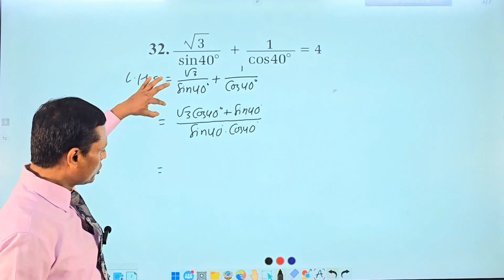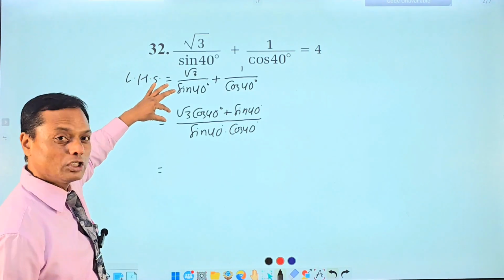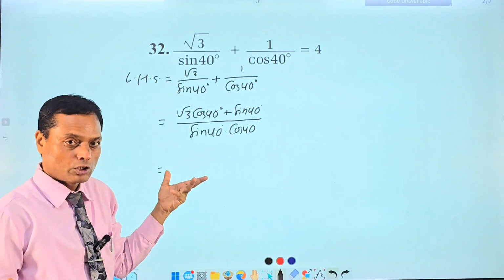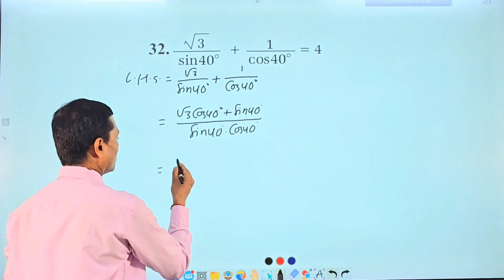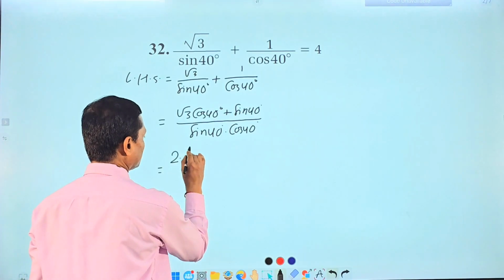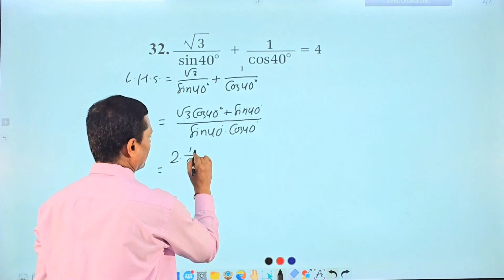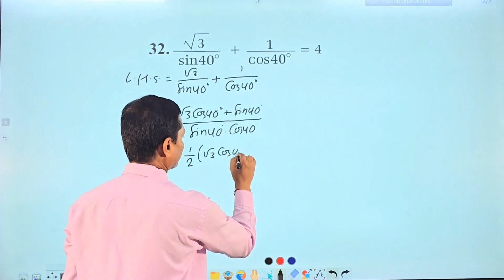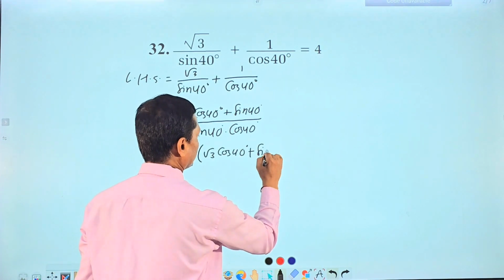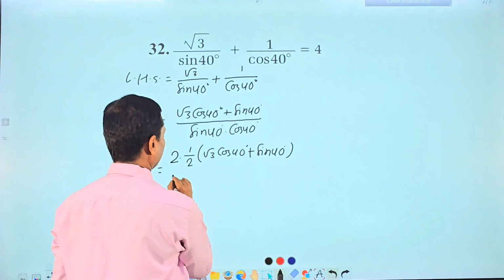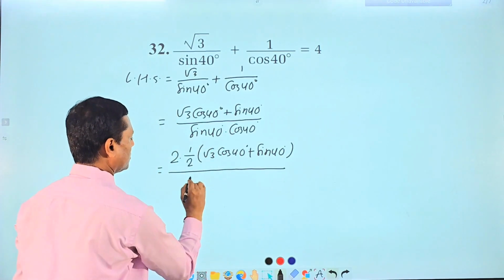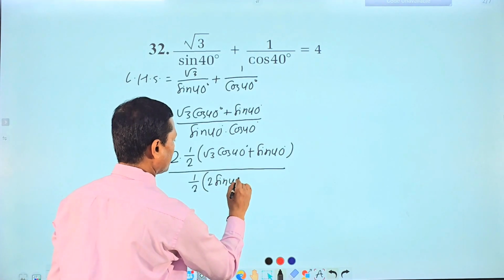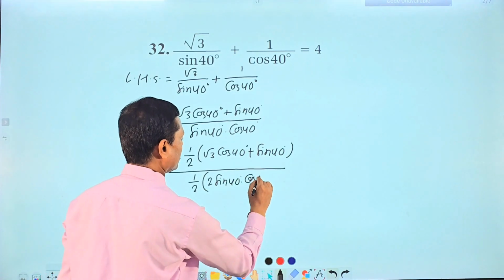What can we do? Write 2 into 1 by 2, nothing changes, 2 into 1 by 2 means 1. So first write 2 into 1 by 2, and that is root 3 cos 40 degree plus sine 40 degree. And in the denominator, 1 by 2, 2 sine 40 degree dot cos 40 degree.